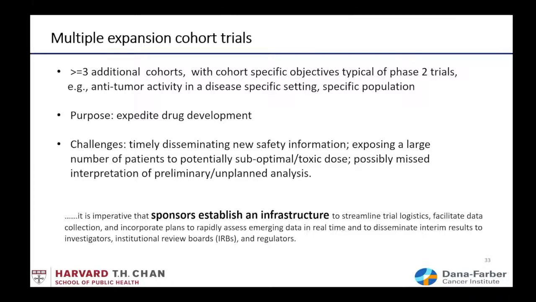So the investigator can ensure the patient is provided adequate information for consent. And also, because you do a large-scale expansion cohort, it can potentially expose a large number of patients to suboptimal or toxic dose levels, because the MTD hasn't been further verified in the expansion cohort yet.